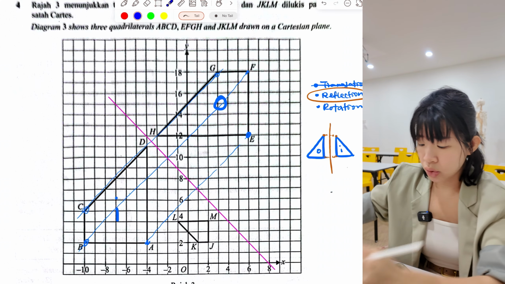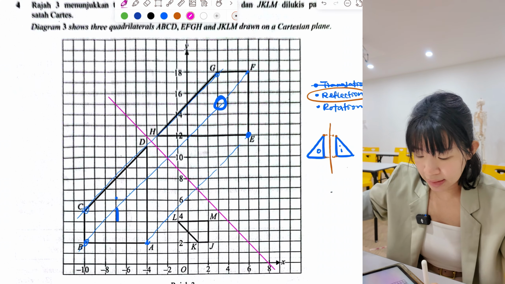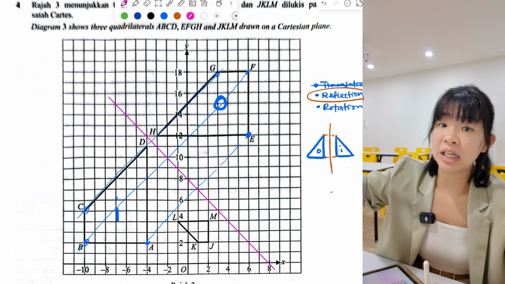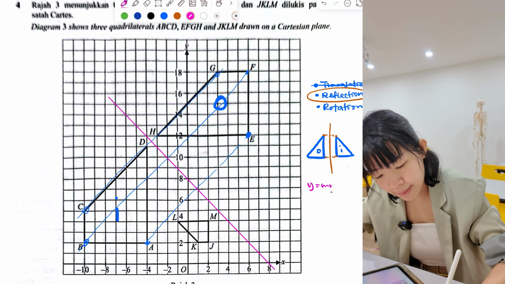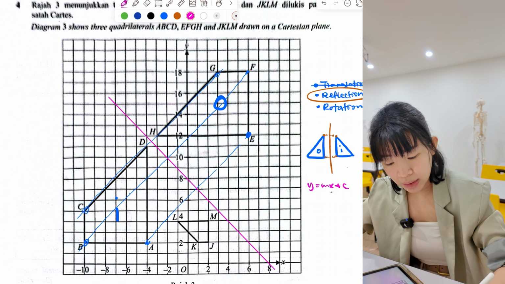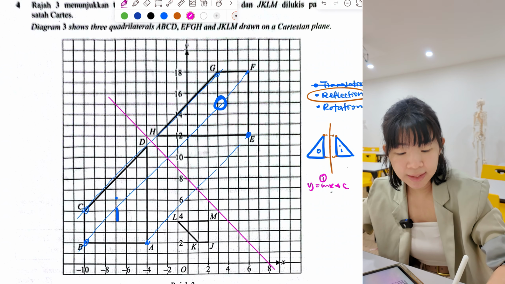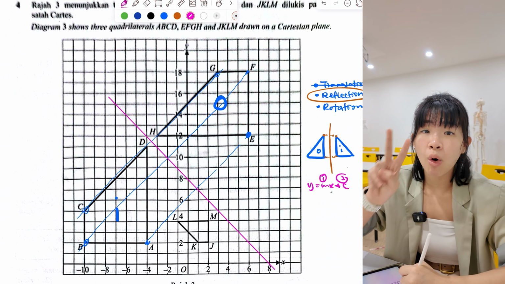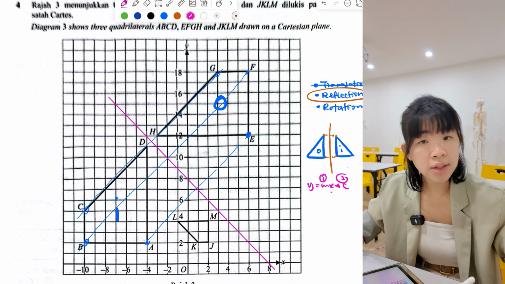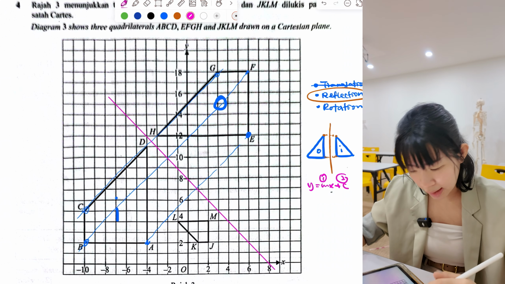This line is related to y equals mx plus c. It is a slant line. When it is a slant line, y equals mx plus c. So the first thing we need to find is m. The second thing we need to find is c. Finding m, we need two coordinates. Along this line, you just simply choose two coordinates.